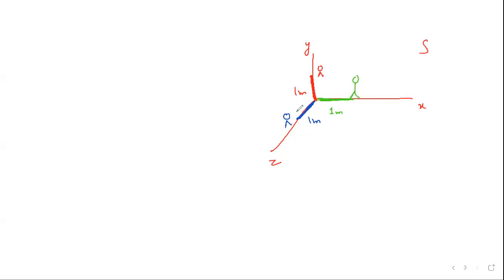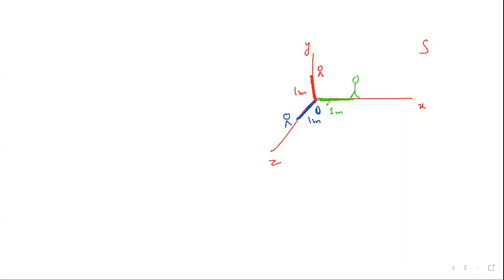So they are instructed by the observer S to wait at the position determined by the end of the rod until they see a flash of light at the origin.